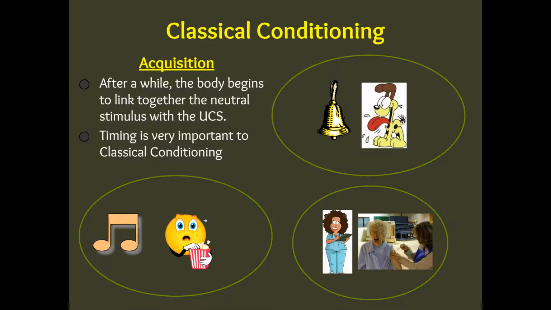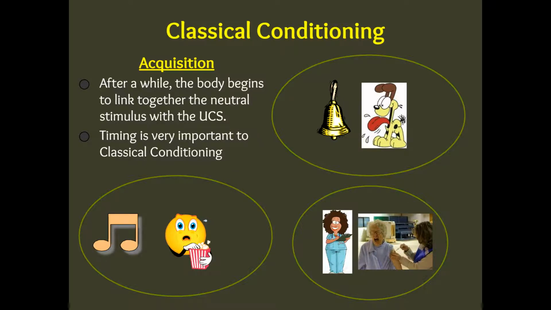And so your unconditioned response will become a conditioned response. The bell will make the dog salivate. The presence of nurses will get people upset and anticipating the pain of that shot. There are people who don't like nurses for this very reason and don't like doctors for this very reason. And then there's also the music. For horror movies, we'll hear that horror music and we'll go, okay, what's going on now?